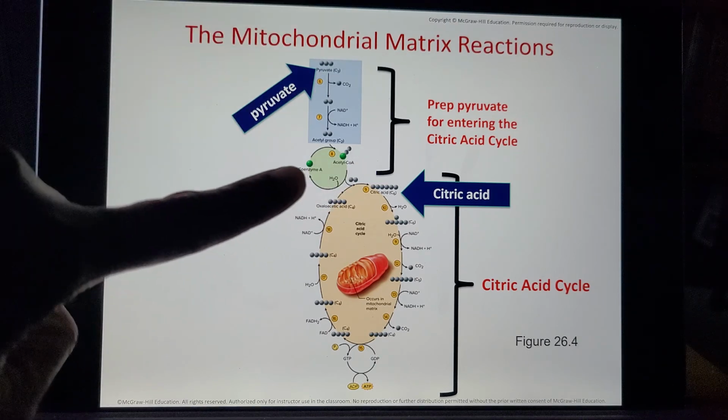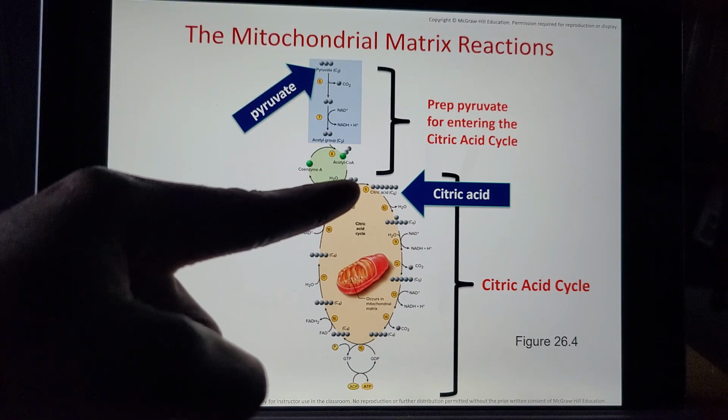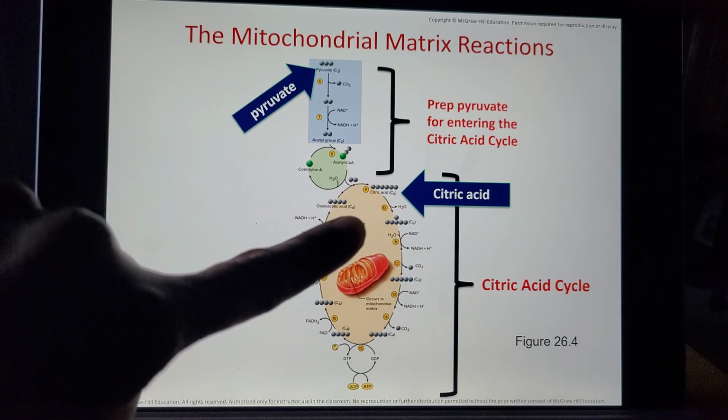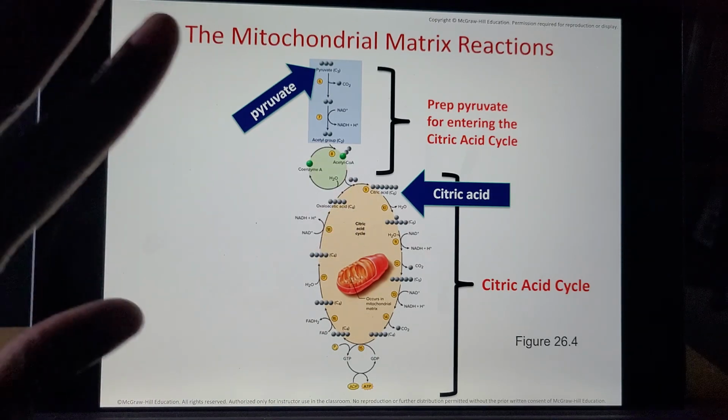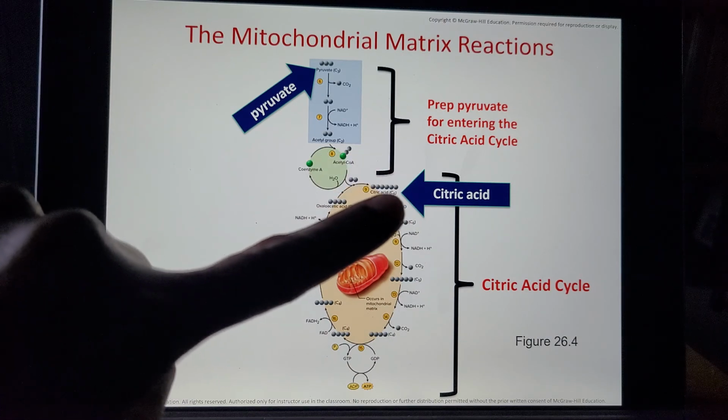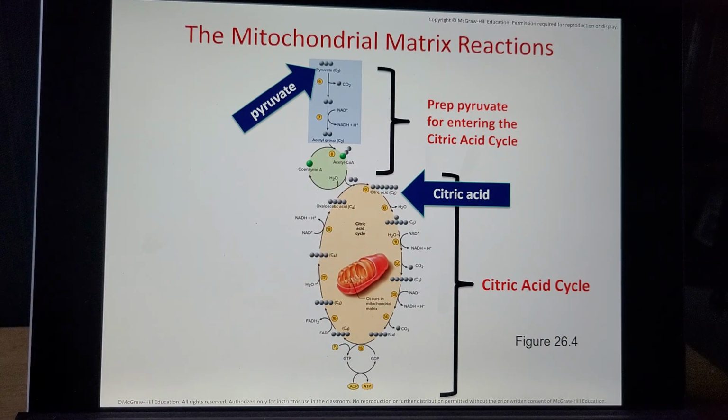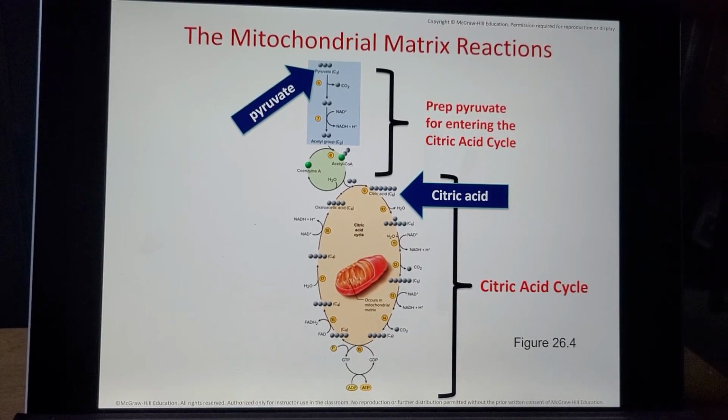That acetyl-CoA is going to drop off 2 of those carbons, attaching them to oxaloacetic acid. It's just a 4-carbon molecule; you don't have to know that name. So this goes back to a 6-carbon molecule, which is citric acid, your first molecule for the citric acid cycle. If you're older, this used to be called the Krebs cycle, if you happen to remember.